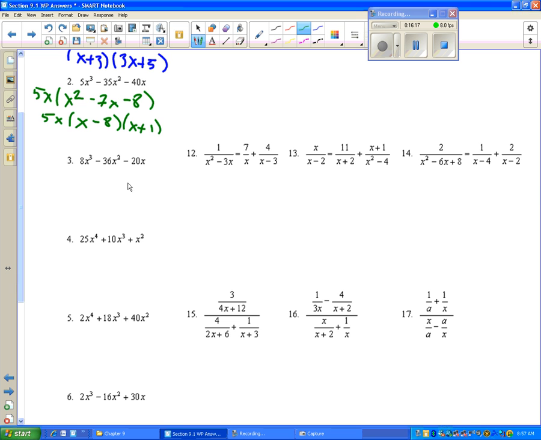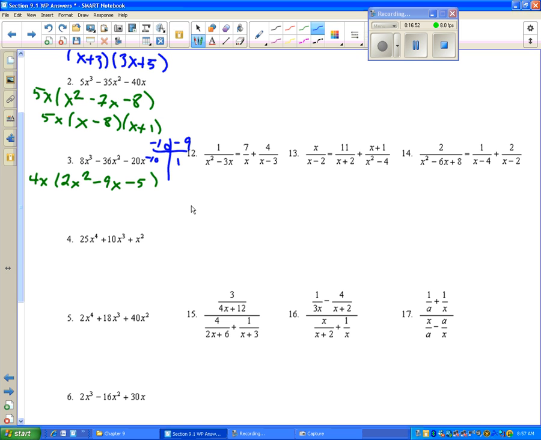Number 3, my greatest common factor of 8x cubed minus 36x squared minus 20x is going to be 4x. That is going to leave me with 2x squared minus 9x minus 5. So I need to decide what multiplies to be negative 10 and adds to be negative 9. I'm getting negative 10 and 1.